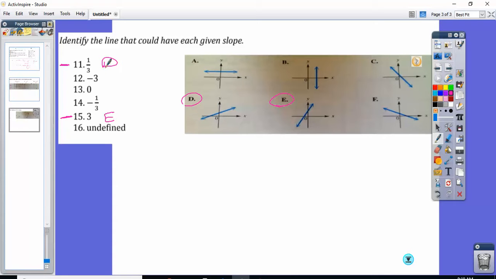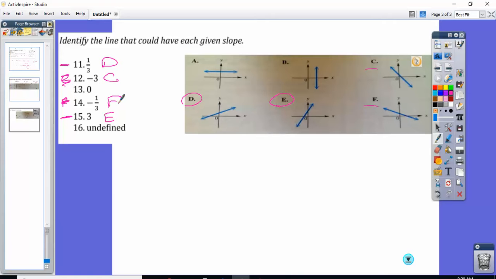So 12 and 14 are both negative. That means my line is decreasing. So that's either C or F. The bigger the number, the steeper the line. So -3 would be which one? And -1/3 would be, I don't know why I wrote it on that side. Okay, 13, 0.